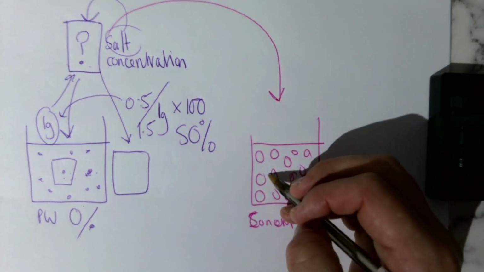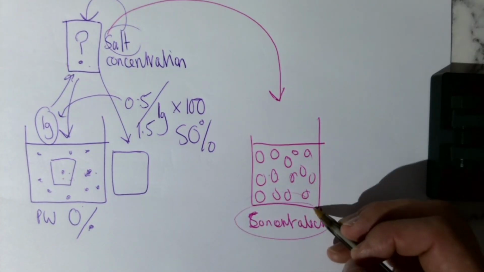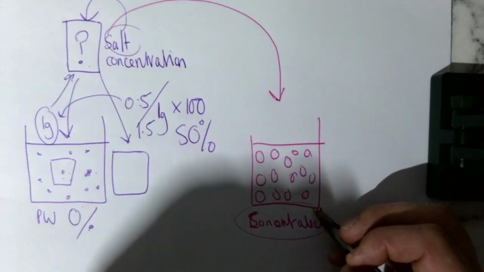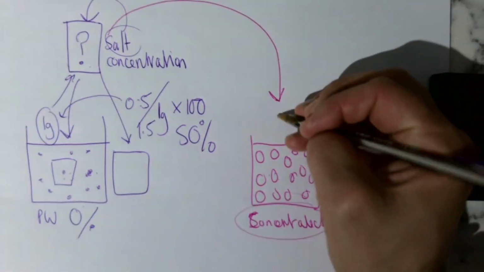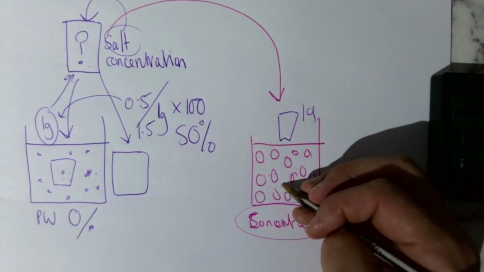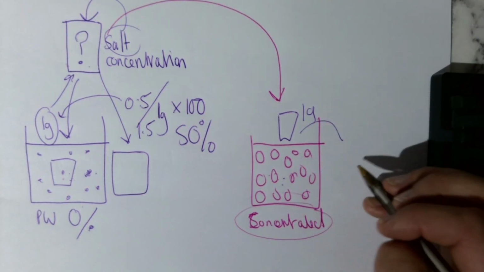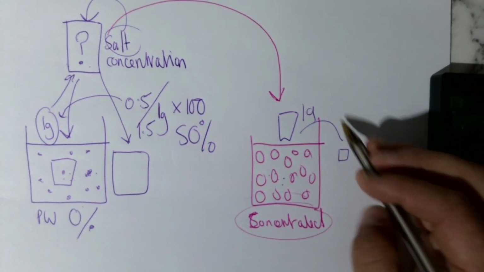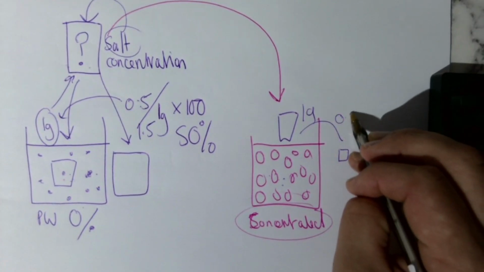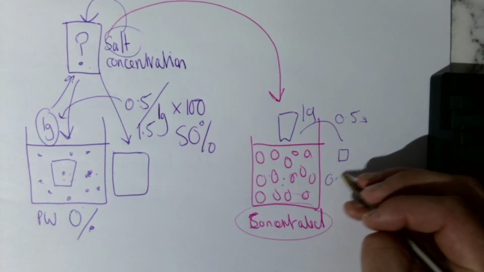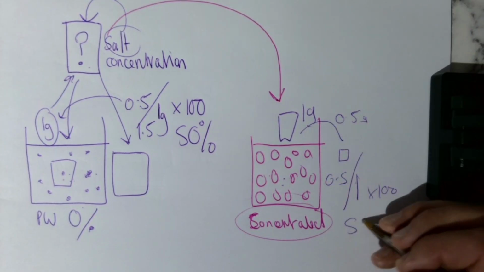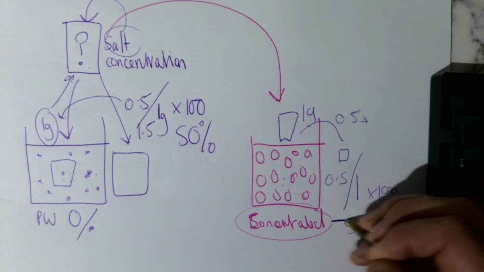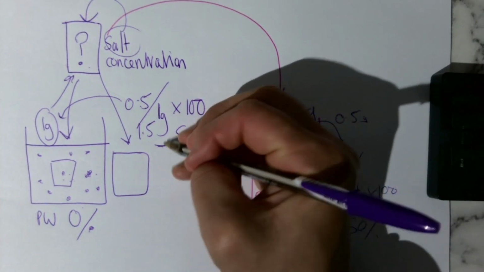Your potato goes in, but because it's concentrated, remember it moves from more dilute to more concentrated. Potato goes in, 1 gram goes in there. After a time period, when it comes out, it will have shrunk. So let's say it shrunk by 0.5 grams. So 0.5 divided by the initial 1 times by 100, that's also 50%. But that decreased. That one went up.